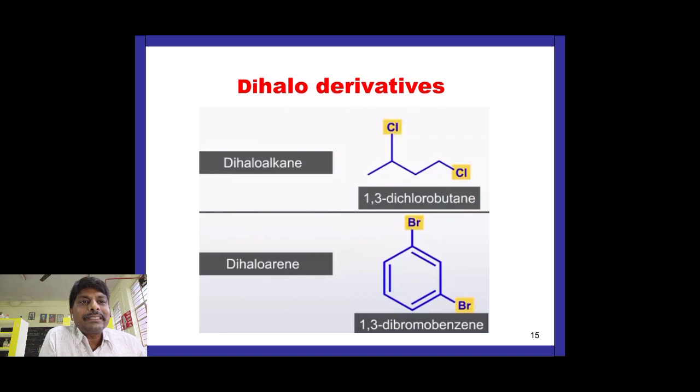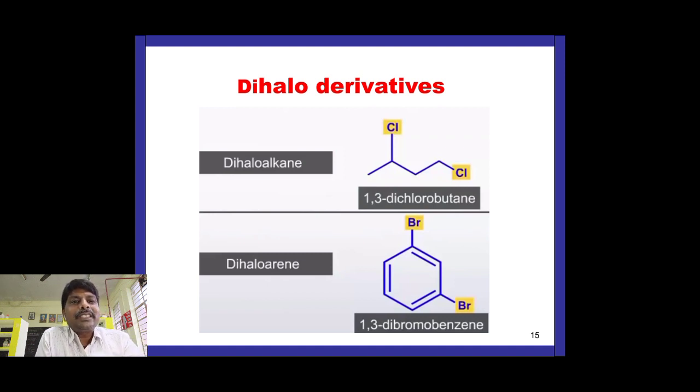So the name is butane. Two chlorines are there, so dichloro. Where are the two chlorines? You start counting from the right hand side: first carbon and third carbon. 1,3-dichlorobutane. So that's why it is a dihalo derivative.